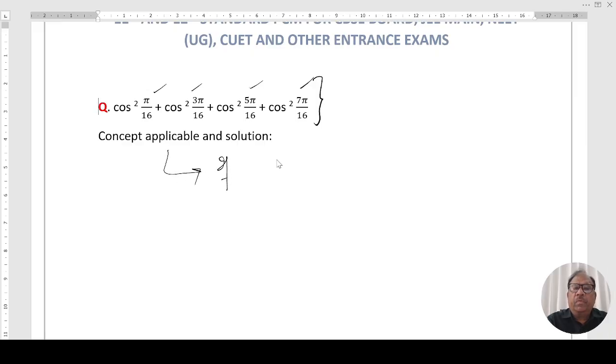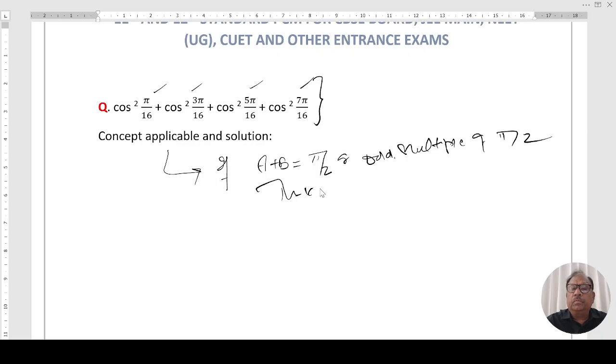If a plus b equal to pi by 2 or odd multiple of pi by 2. Think of sin square theta plus cos square theta equal to 1.